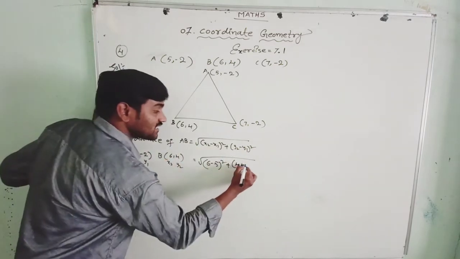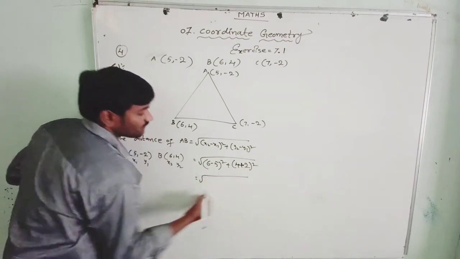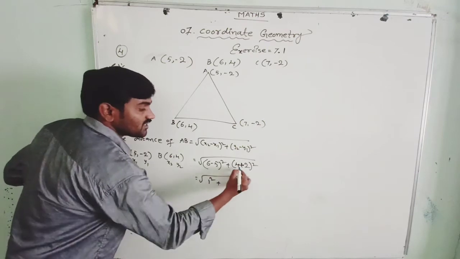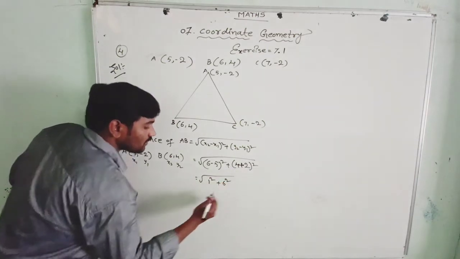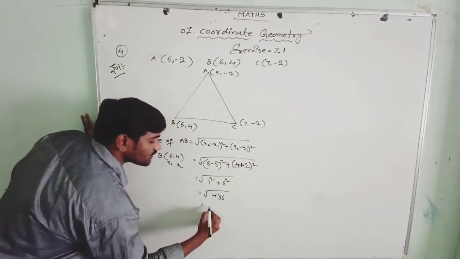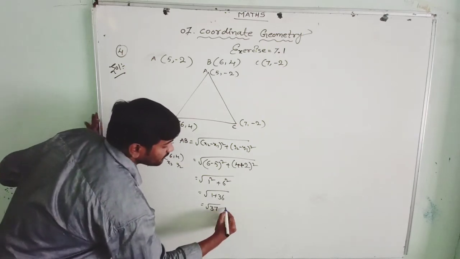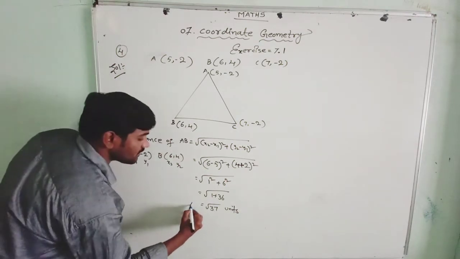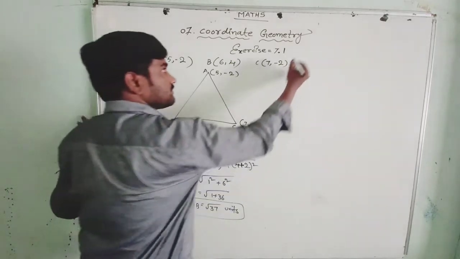Minus of minus becomes plus 2, whole square. 6 minus 5 is 1 square plus 4 plus 2, which is 6 square. 1 square is 1, 6 square is 36. So 1 plus 36 is 37 units. That is the AB distance. AB distance equals root 37 units.